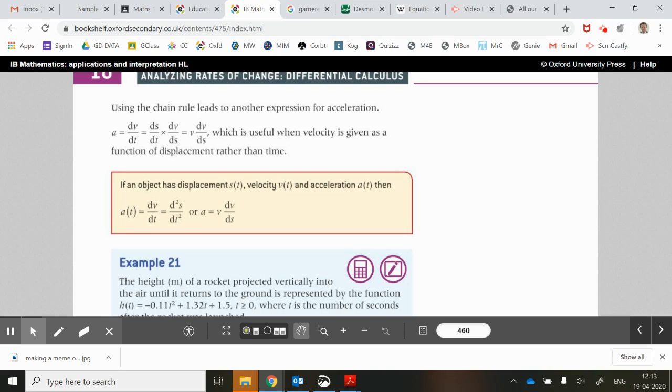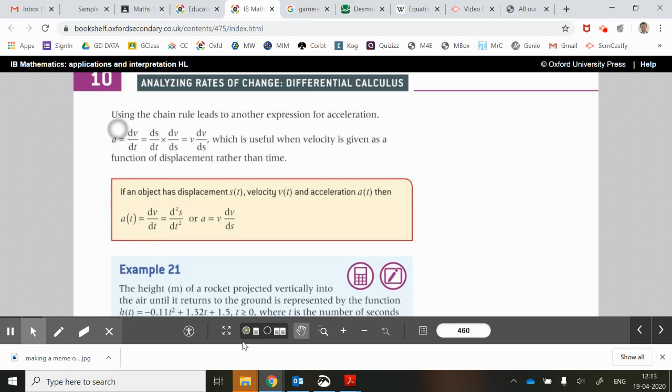So if velocity is not in terms of t, but it's in terms of s, then this is really useful. That's an unusual situation, but you'd be saying, well, what's the velocity when I'm at 100 meters, for example, rather than saying what's the velocity at 10 centimeters. So you could have a formula set up like that.